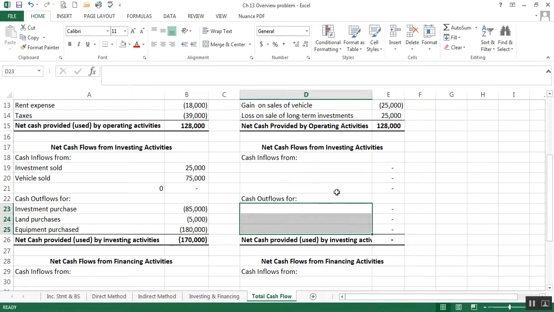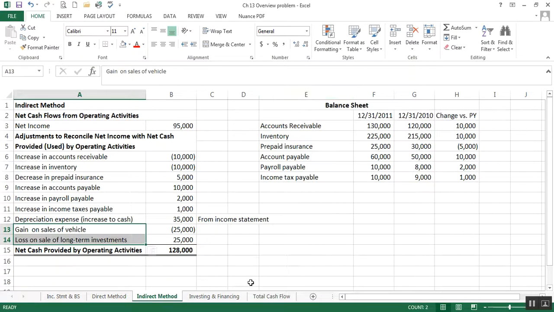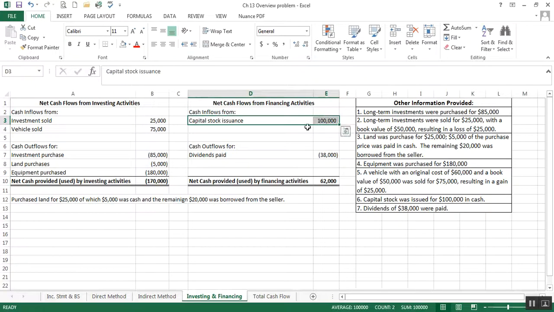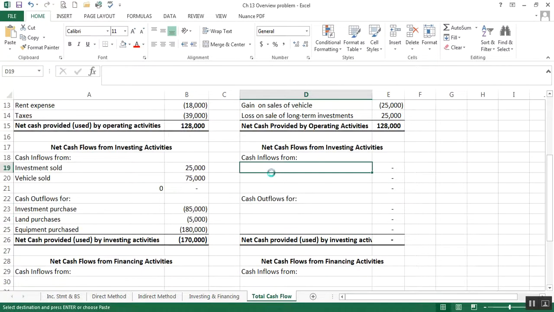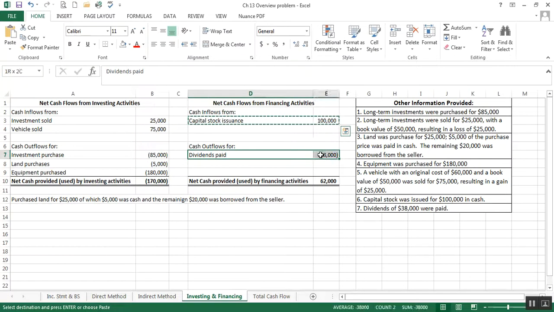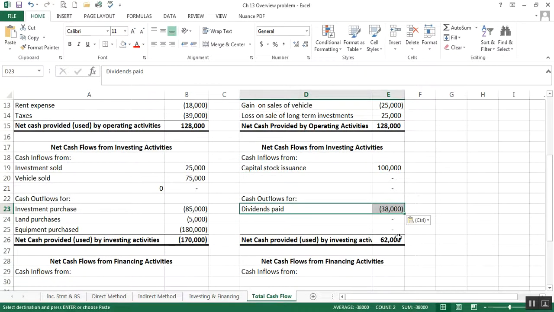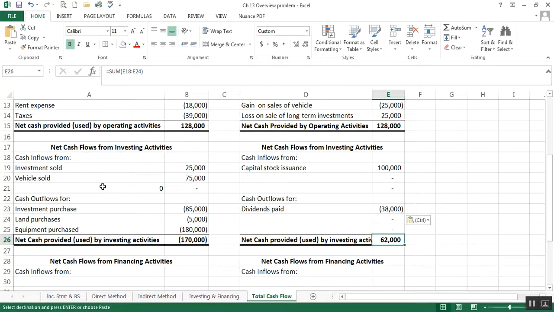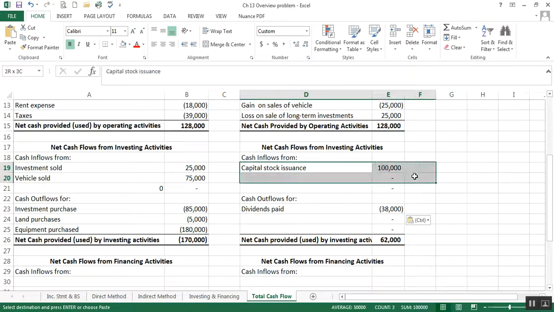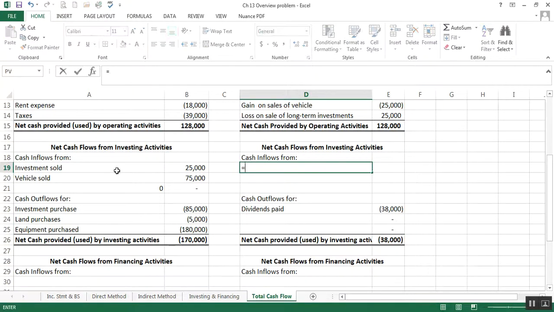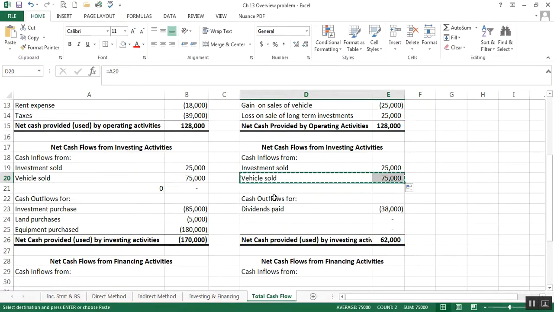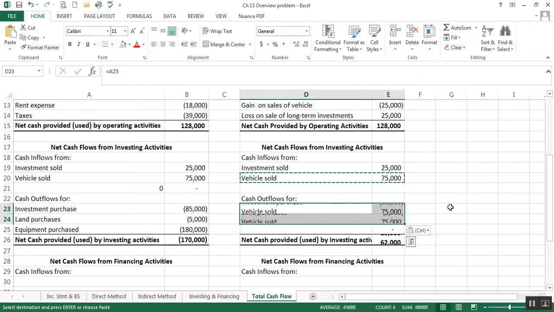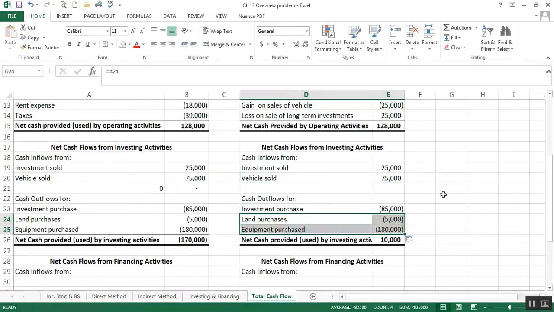Sorry about that. So we're just going to copy from our investing section, capital stock here, and dividends paid here. All right, so 170, 62. I'm sorry, this is still financing. There we go, much better. Okay, so that's going to be the same under both.